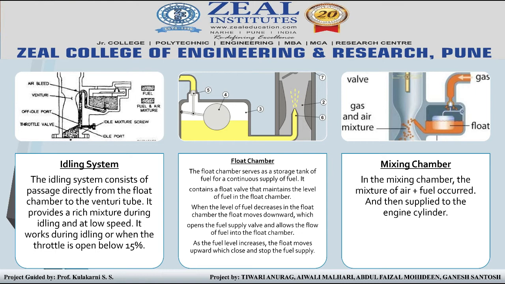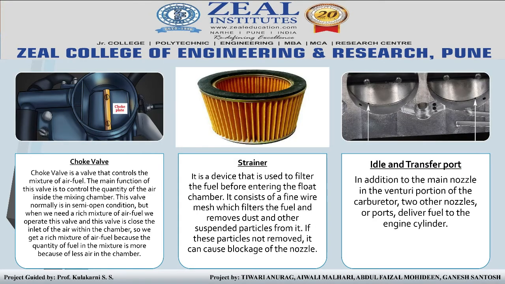Mixing chamber. In the mixing chamber, the mixture of air plus fuel is formed and then supplied to the engine cylinder. Choke valve. It is a valve that controls the air-fuel mixture. The main function of this valve is to control the quantity of air inside the mixing chamber.